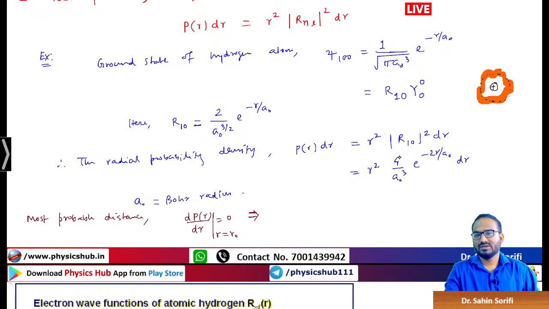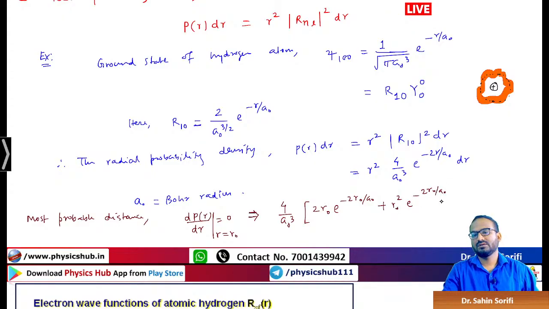Look, this constant part 4 by a naught cubed can be absorbed. Let's avoid dr: r square e to the power minus 2r by a naught. The derivative with respect to r gives 2r at r equals r naught, e to the power minus 2 r naught by a naught, plus r naught square e to the power minus 2 r naught by a naught into the derivative of minus 2r by a naught, so minus 2 by a naught.